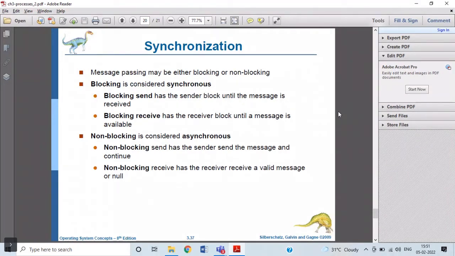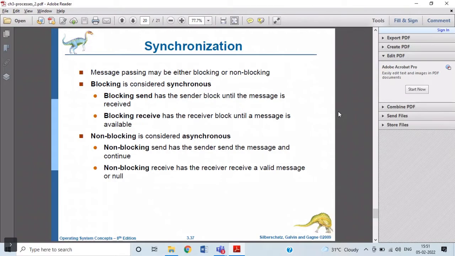If it doesn't get the acknowledgement, it won't send the message either. The sending will be blocked here. That is called blocking. Asynchronous means the sender sends a message to the receiver, and whether or not the sender receives the acknowledgement, it will continuously send messages to the receiver.